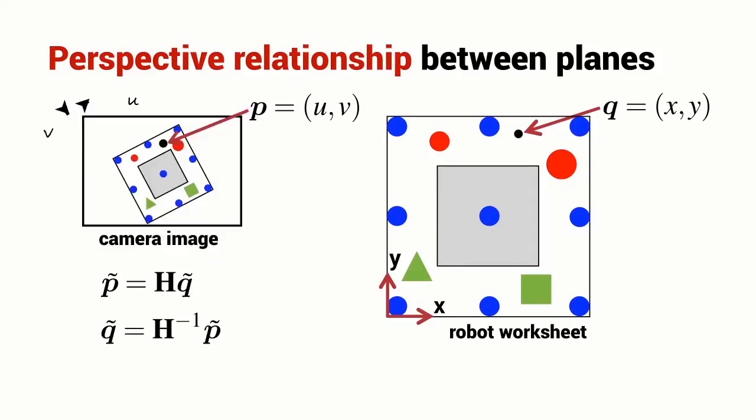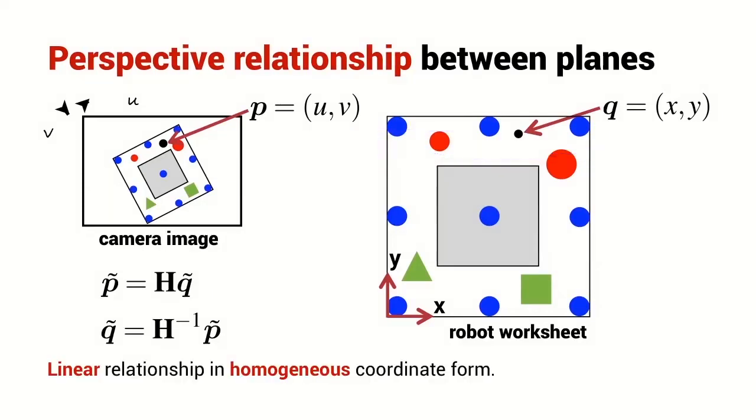The homography lets me create a mapping between a coordinate u, v in the image plane, and a physical coordinate x, y on the robot's worksheet. I can map from an image plane coordinate to a robot worksheet coordinate, or I can map from a robot worksheet coordinate back to a camera image coordinate. Homographies are going to be very, very helpful for you in completing the project.